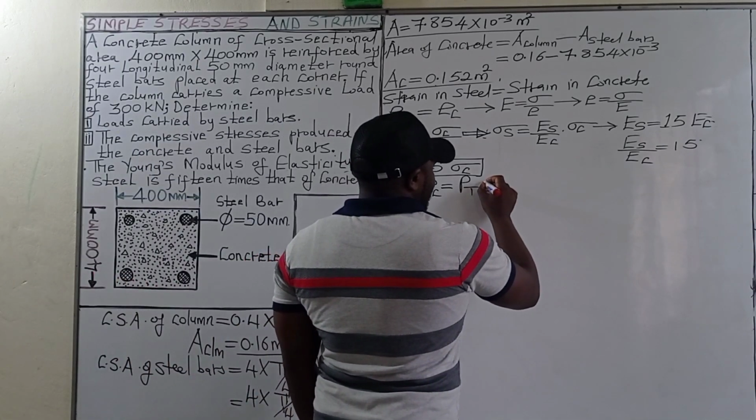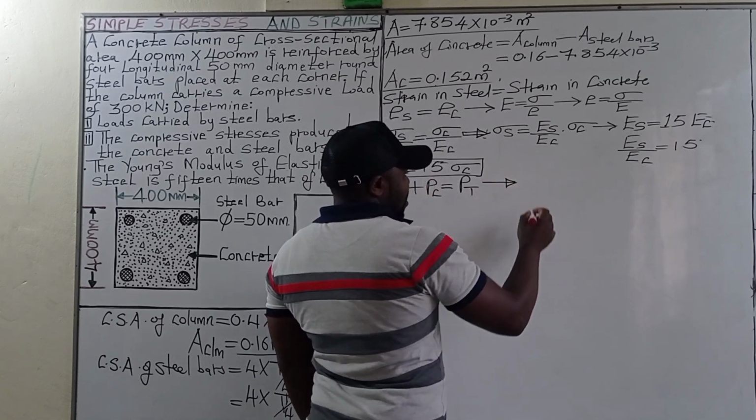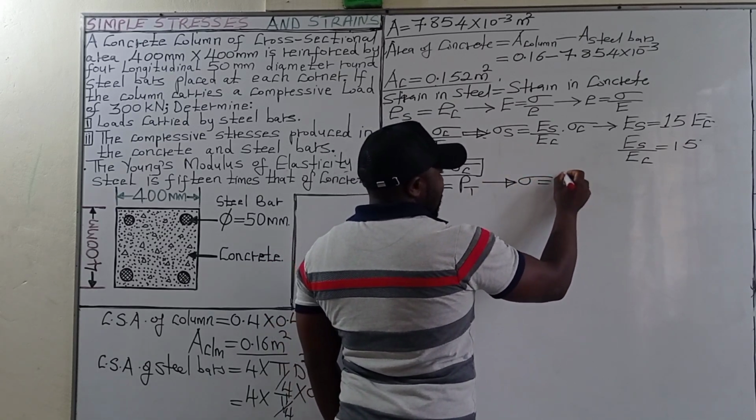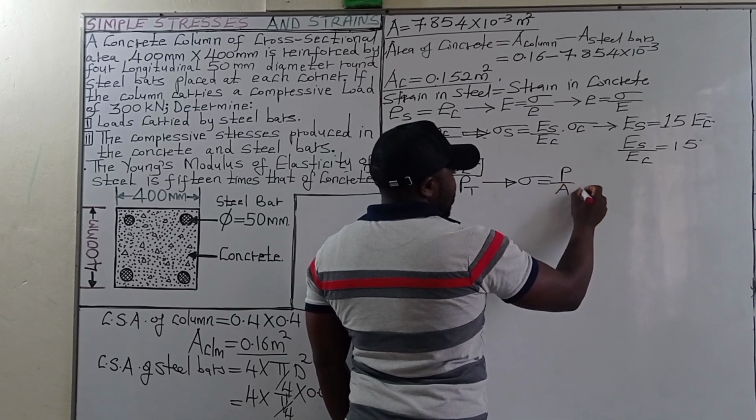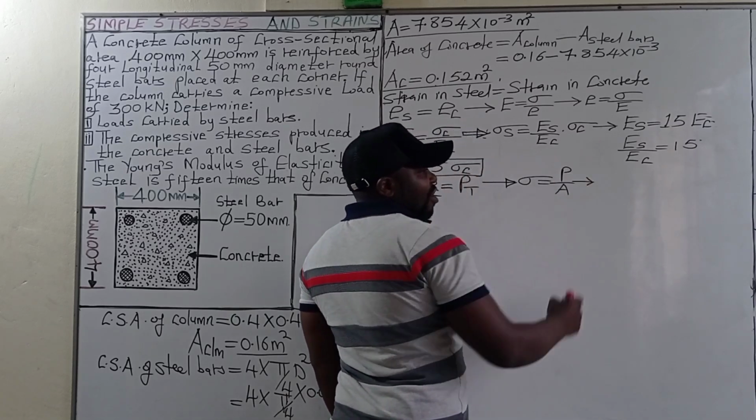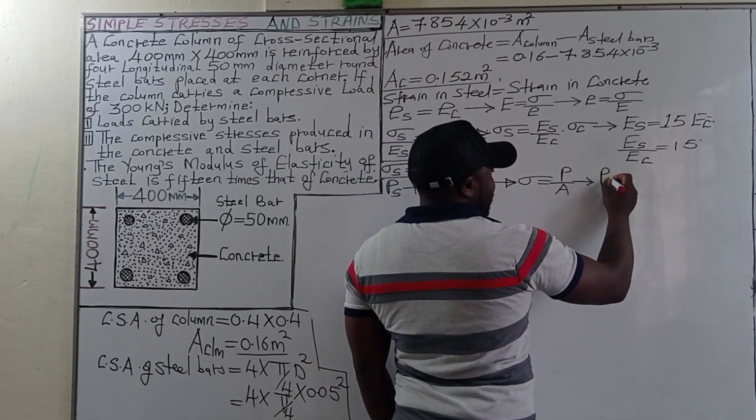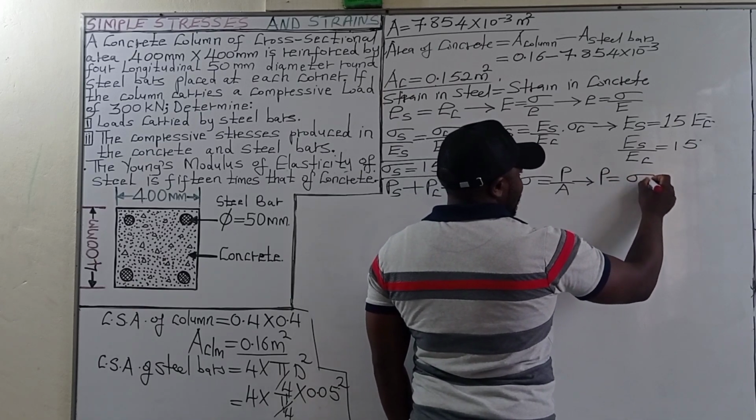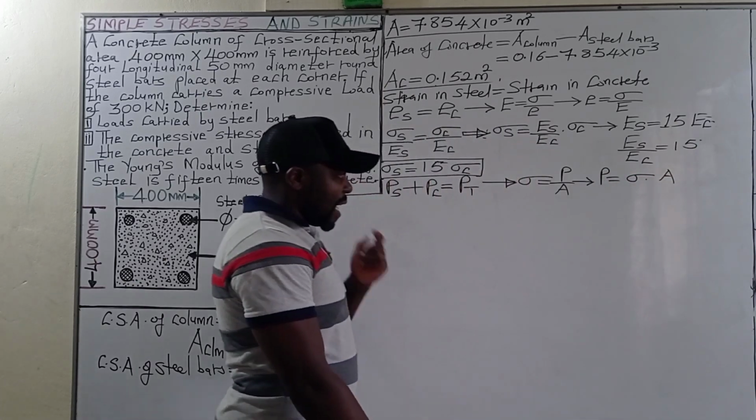Now, from simple stresses and strains, we know that stress is given by load divided by cross-sectional area. So when you make load the subject, load is equal to stress multiplied by cross-sectional area.